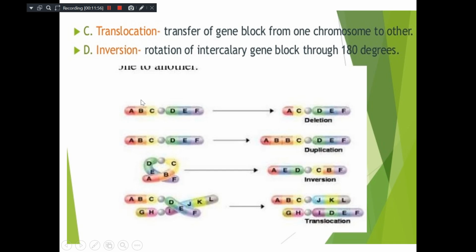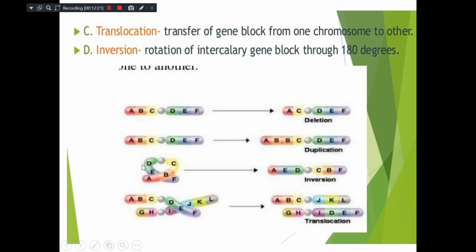See here the deletion of ABC. Here a small deletion has taken place; that big segment of genes is not there. Or duplication: see here, the same chromosome B, the same genes have been duplicated here.